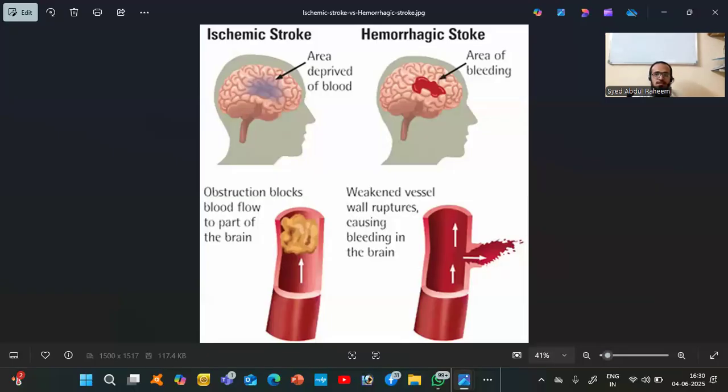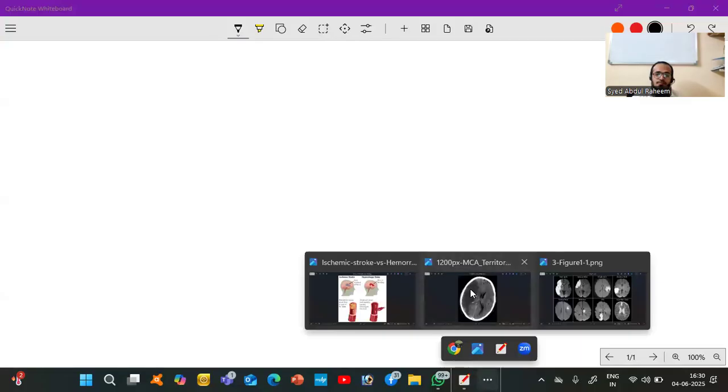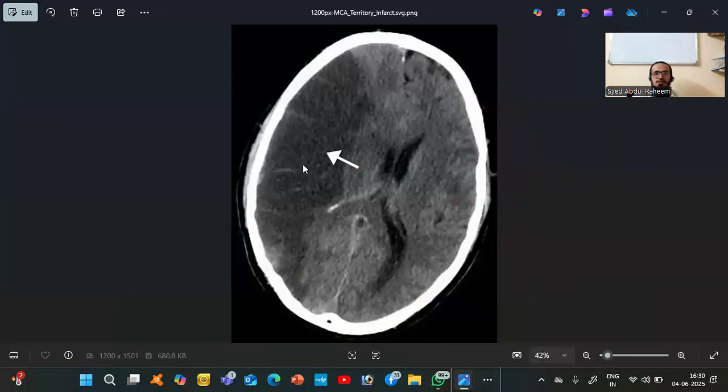Let's see how the CT scan looks in this. You can see we discussed ACA, the anterior cerebral artery, PCA, the posterior cerebral artery, and the middle cerebral artery, which supplies the middle part of the brain.